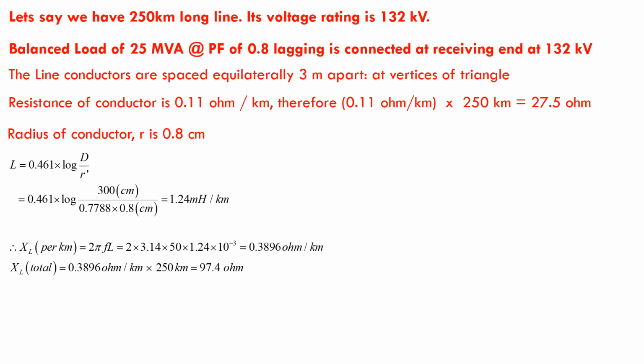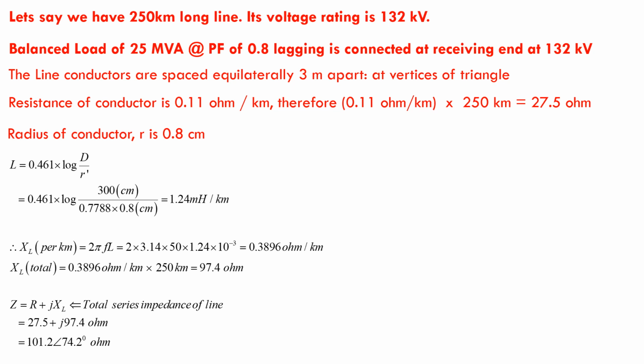So you arrive at this value XL. From this you can find out the total series impedance of the line. The equation of the impedance is nothing but R plus jXL. You just put it. Value of R is 27.5, XL is 97.4. You get, in polar form, total series impedance equal to 101.2 with an angle of 74.2 degrees.